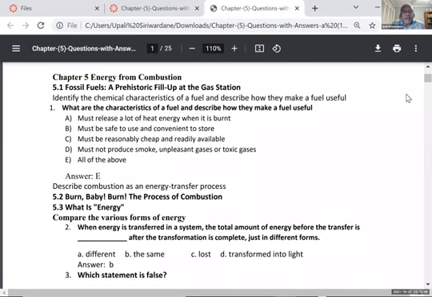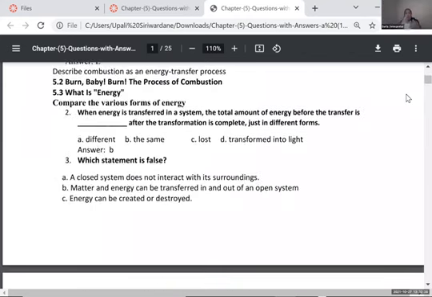Must be reasonably cheap and readily available. That's also true. Must not produce smoke, unpleasant gas, and toxic gases. So everything applies. Answer is easy. These are easy questions. We're going to talk about different forms of energy in the next few questions.